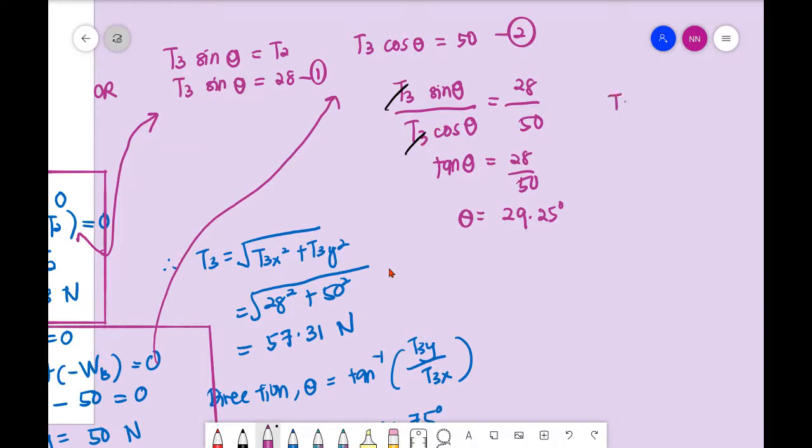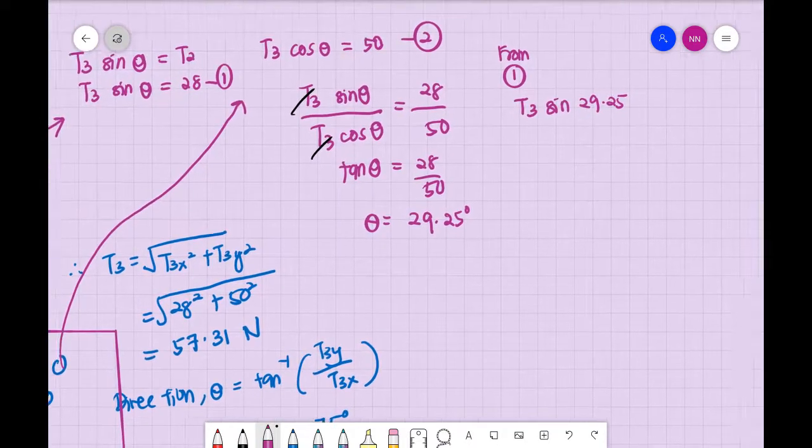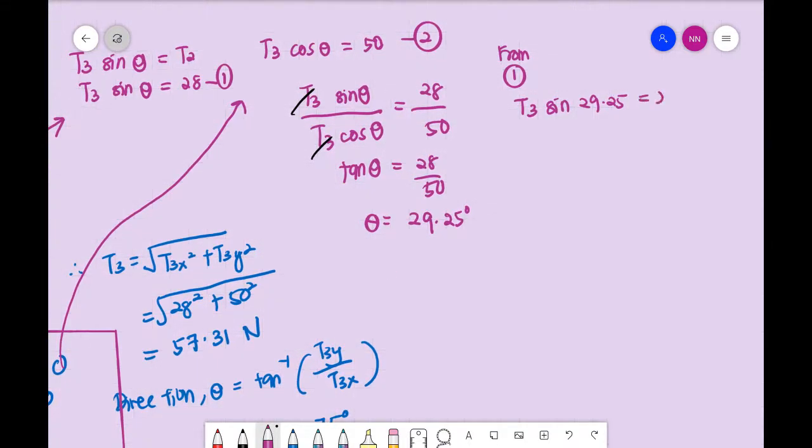And then you can calculate T3 maybe by using equation 1, or maybe you can use equation 2. So from equation 1, T3 sin theta, theta is 29.25 degree, equals to 28.